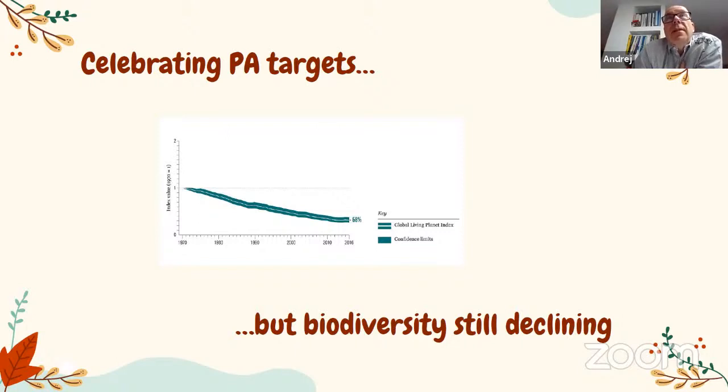So if this is so, why do we have the Global Living Planet Index, the WWF effort to measure the loss of biodiversity? And if we look at that index, which is now the latest one, it's presented here. You probably know about this index.